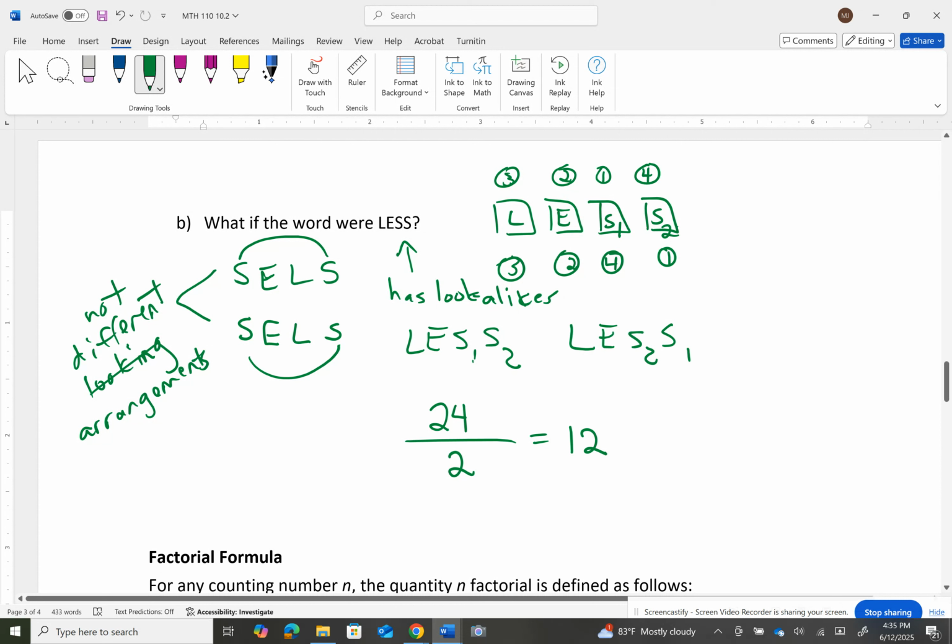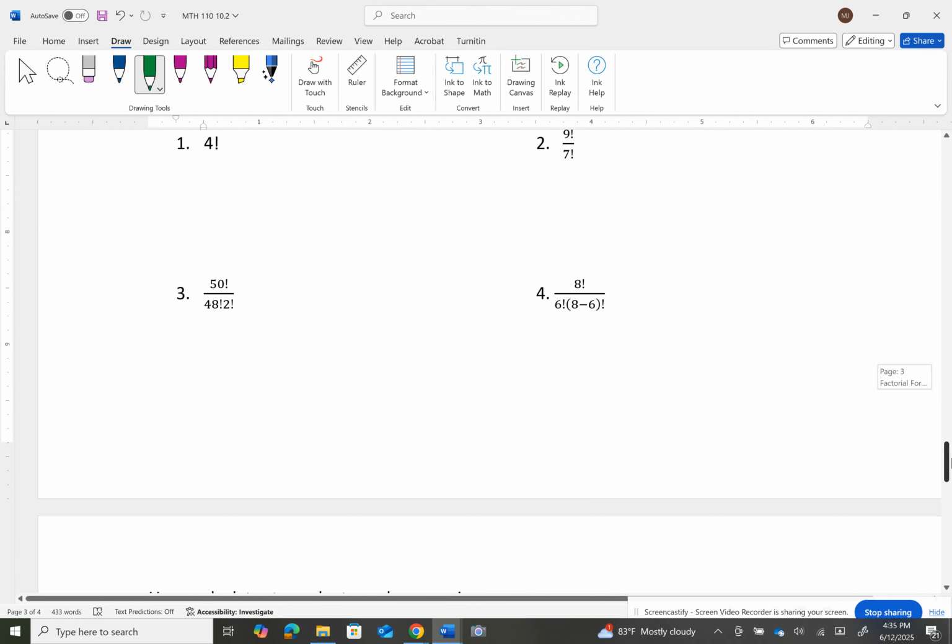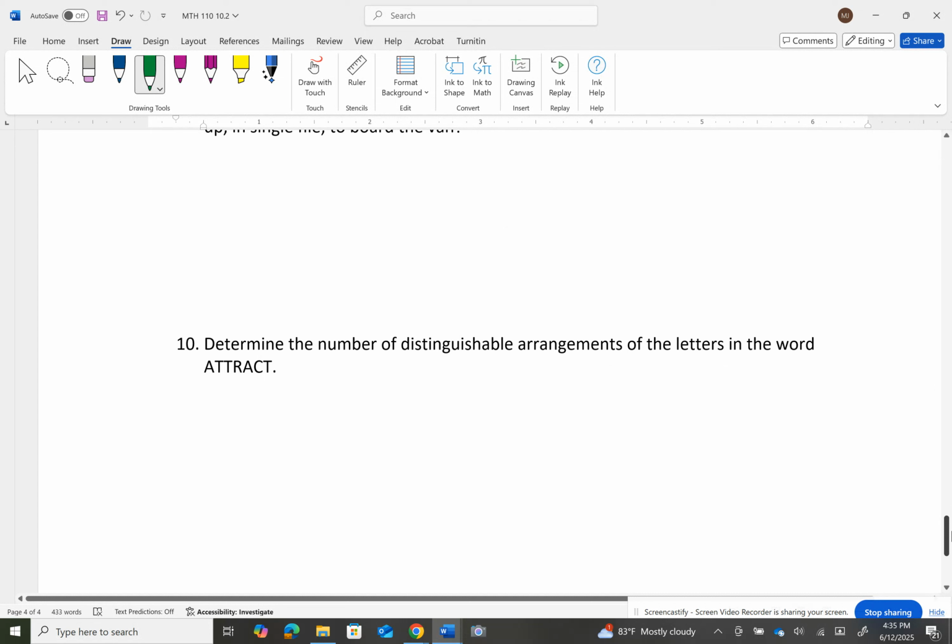So I want to go down. Let me go ahead and look at a problem that's related to that. And that's question number 10. If I wanted to know the number of distinguishable arrangements in the word attract, what I could do is look at how there are 6 letters.